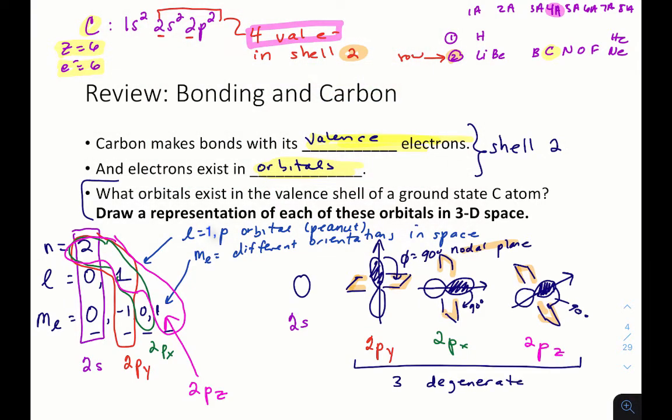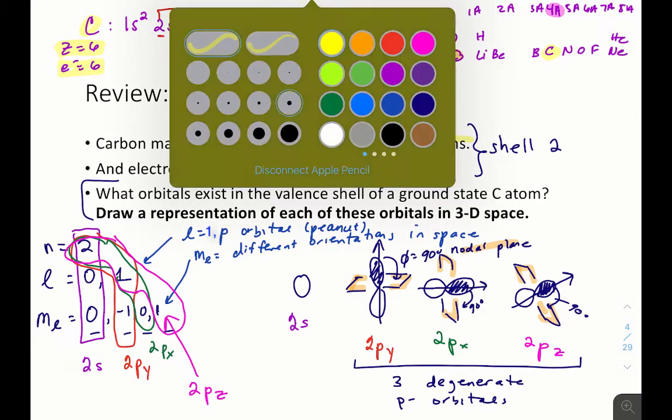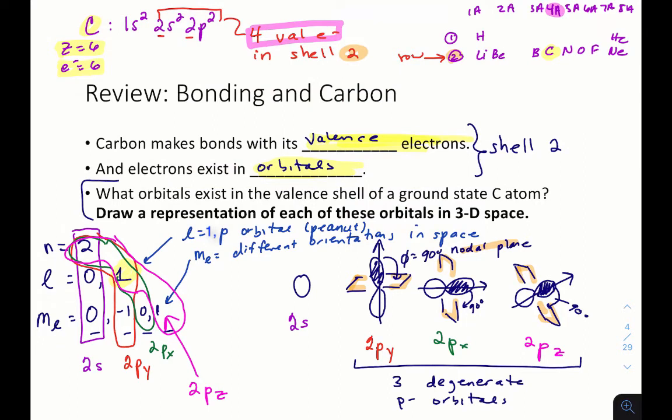In carbon's valence shell, there is the 2s orbital and then 3 degenerate p orbitals. There are 3 p orbitals because, again, when L equals 1, when the orbital quantum number that describes the shape of the orbital is 1, there are 3 possibilities for the orientation of that orbital.